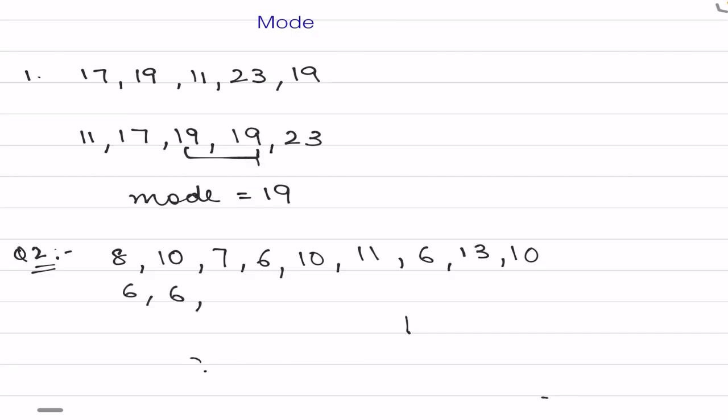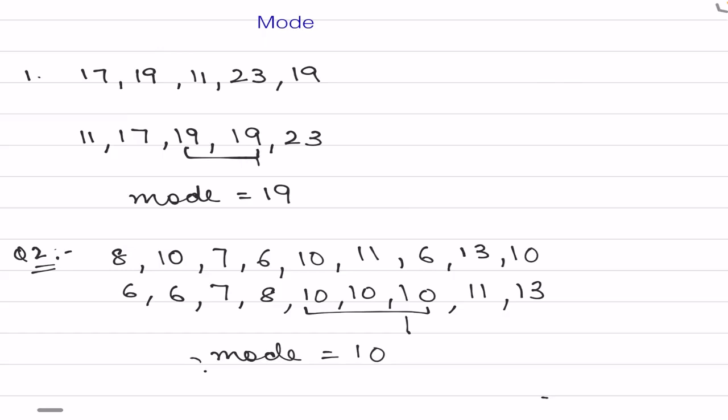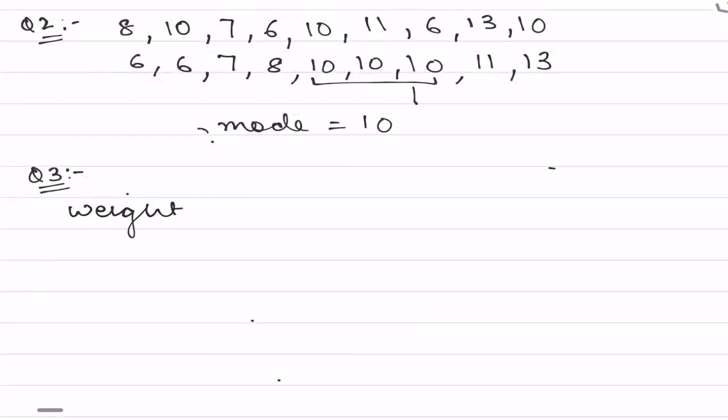So 6 comes twice, then 7, then 8, then again we can see that 10 has occurred 3 times, then 11 and then 13. So the number which exists maximum times in the series is 10. So our mode is 10.